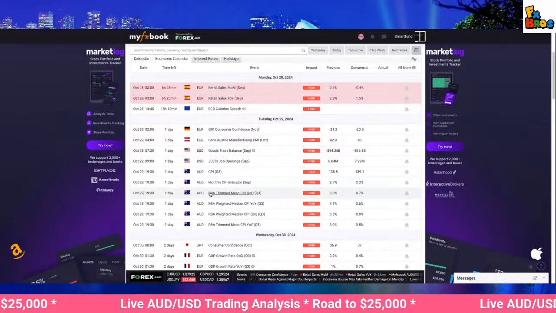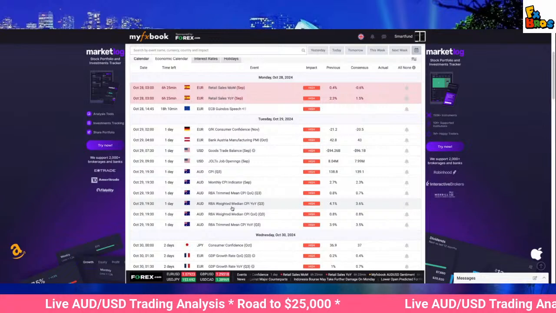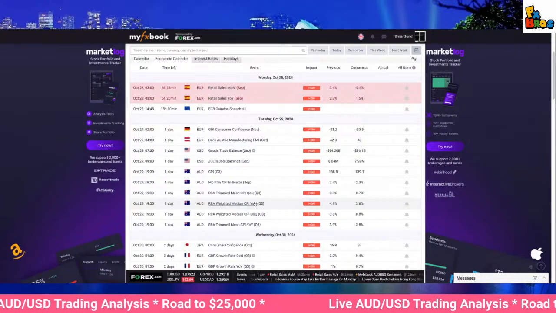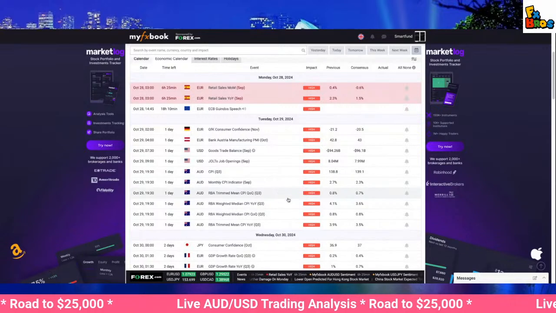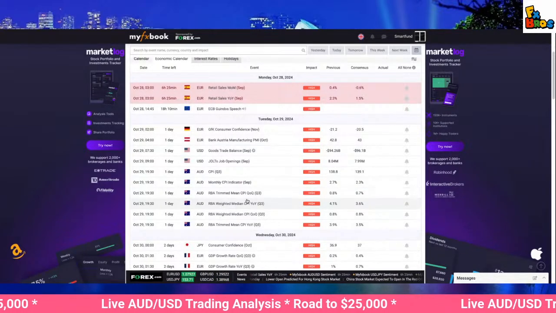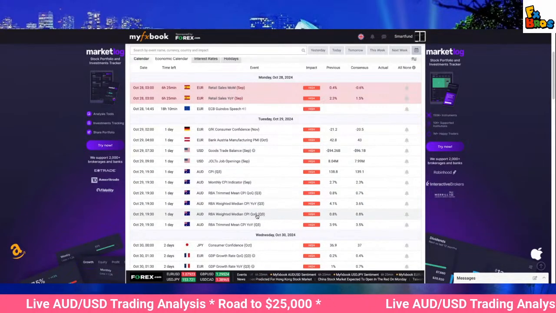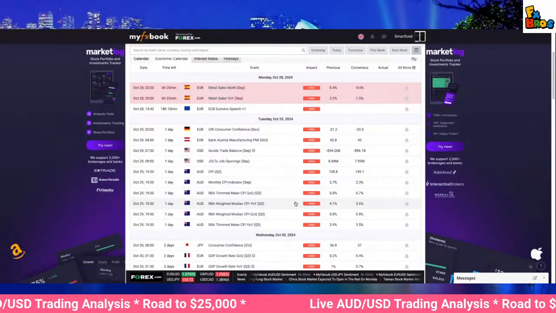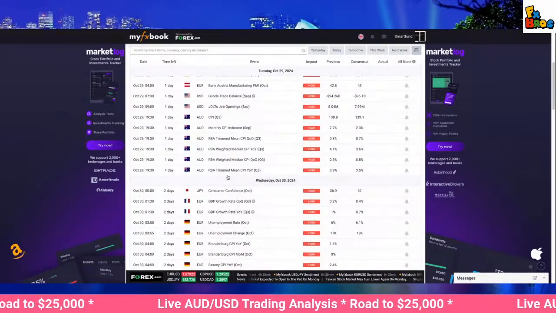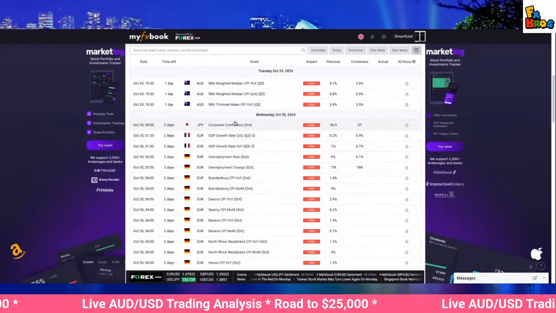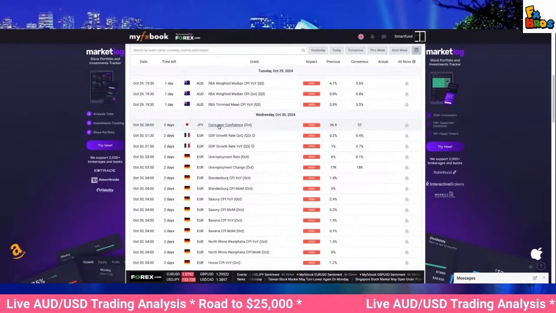Monthly CPI, RBA trim mean CPI, quarter over quarter, year over year, weighted mean, trim, like they're going crazy. They're trying to see what the hell the trimmed and the weighted are gonna be for CPI. They're trying to figure this out. They're breaking it down. Then followed by Wednesday, we got some Japanese news coming out.